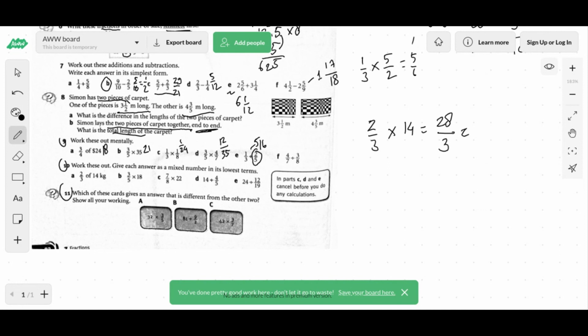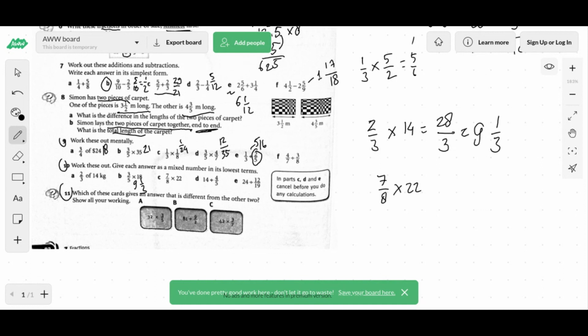And can you change it into a mixed fraction? Yes, 9 and 1 over 3. 27 plus 1.